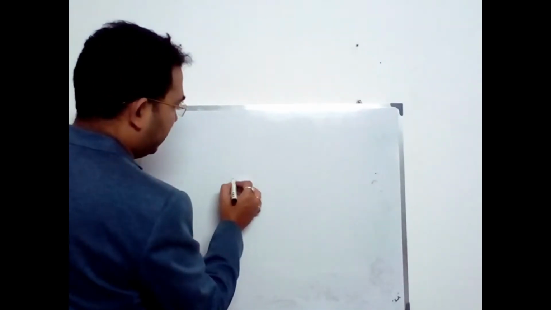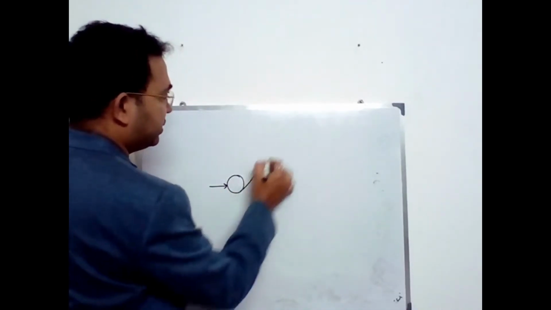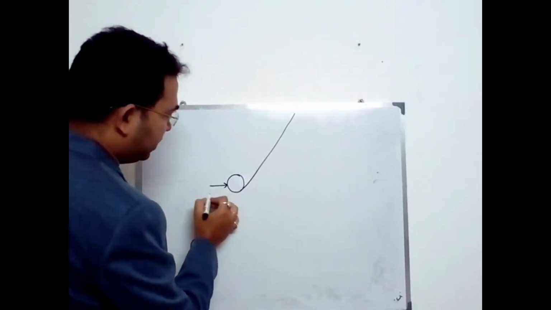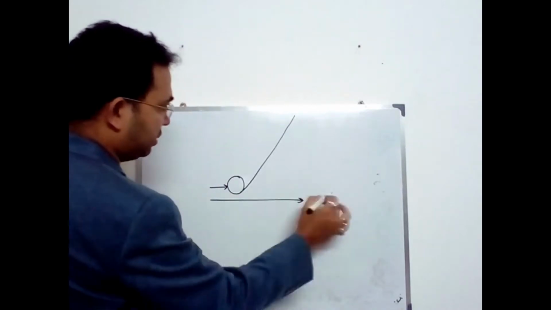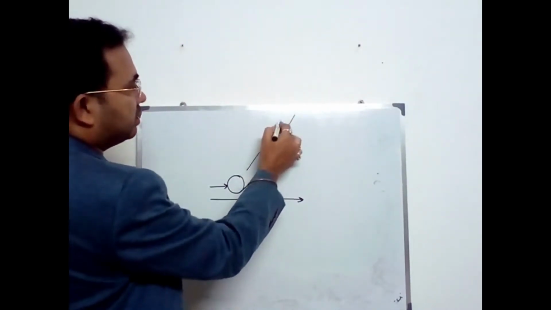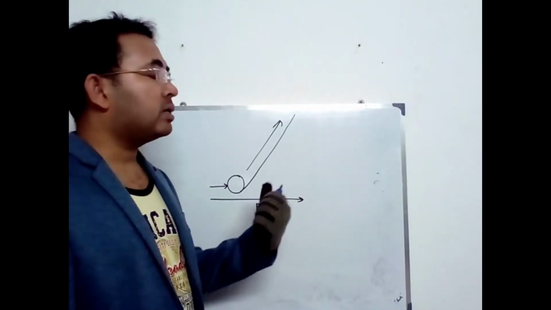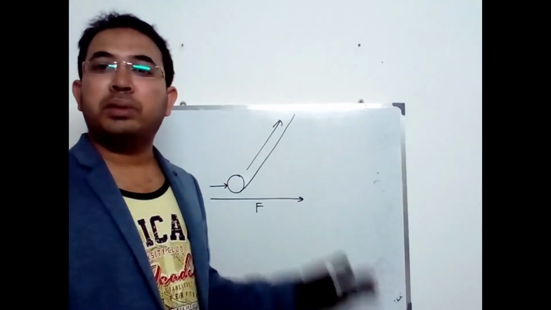Suppose I am pushing a force on this ball and the surface is inclined, so the direction of force is in this direction, and the displacement is in this direction. So under these circumstances, how will we measure the work?